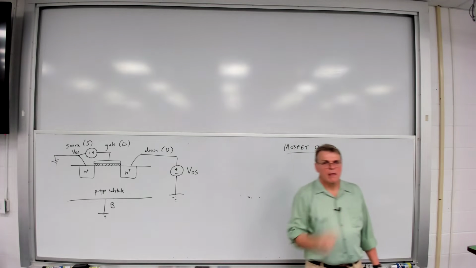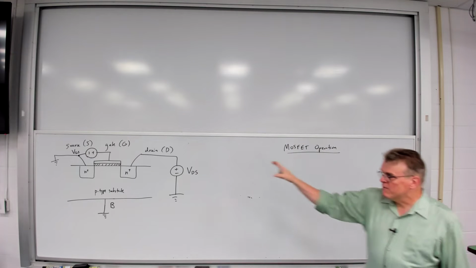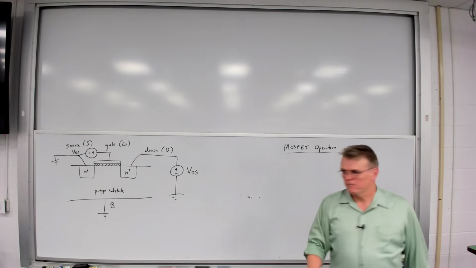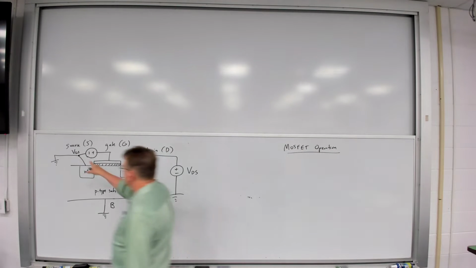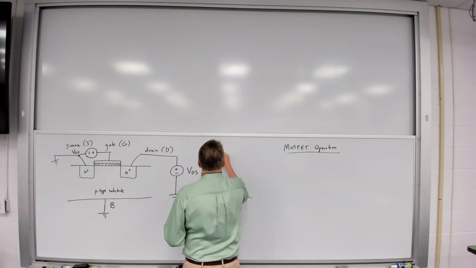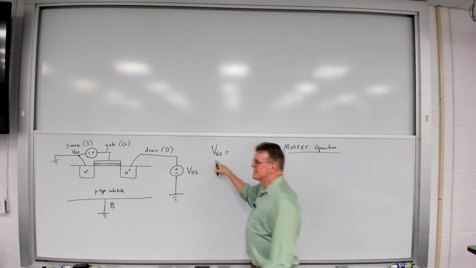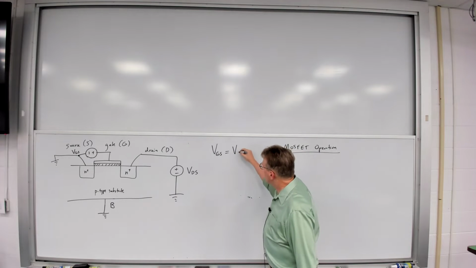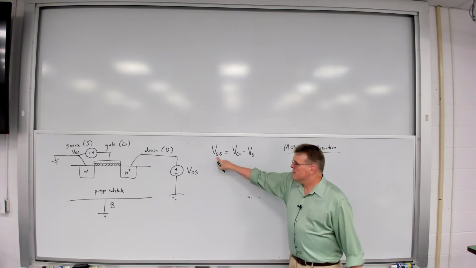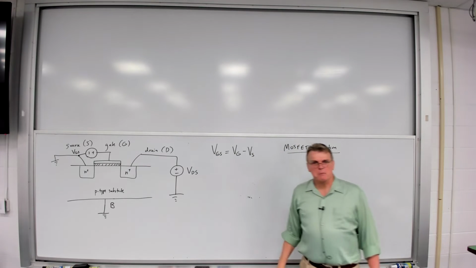VDS. Now I want to point out a convention I'm using here that you're going to see over and over again this semester. Notice VGS. VGS is the same as VG minus VS. This subscript minus that subscript.